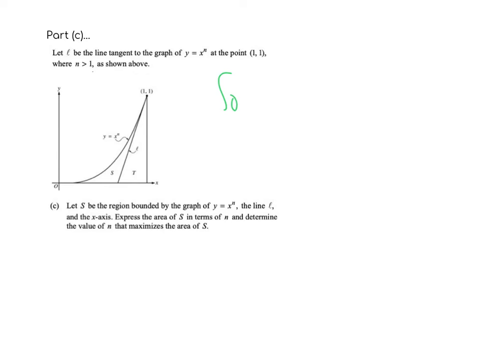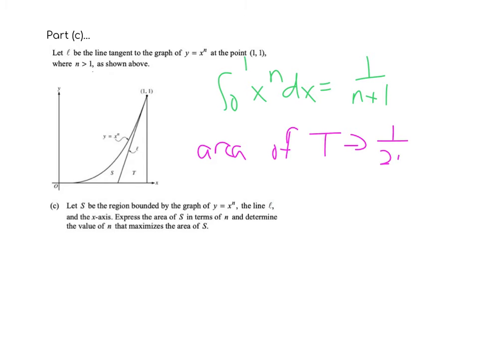We know from previous work the integral 0 to 1 is 1 over n plus 1. We know from previous work the area of t is 1 over 2n.